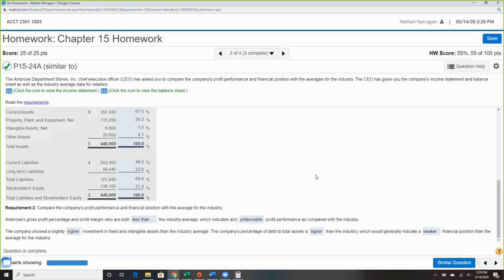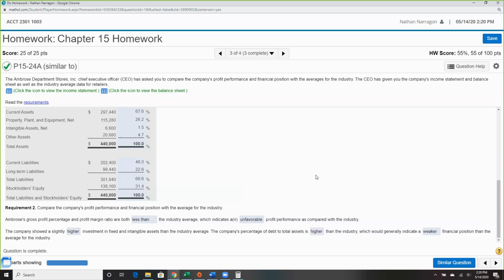We are more at risk of default. So if you're lower than the industry, you look stronger compared to industry. And again, you have less risk, a lot less debt to manage. Hey, that was actually question 3. That wasn't too terribly bad.